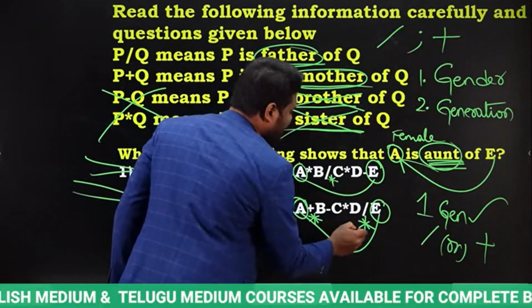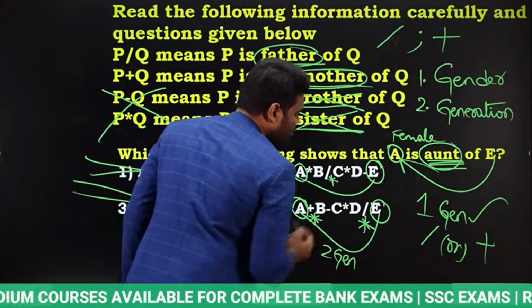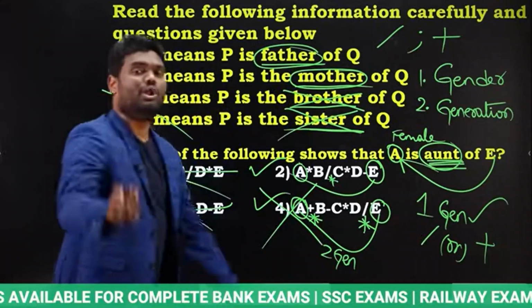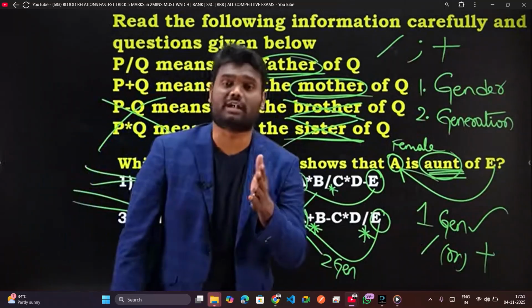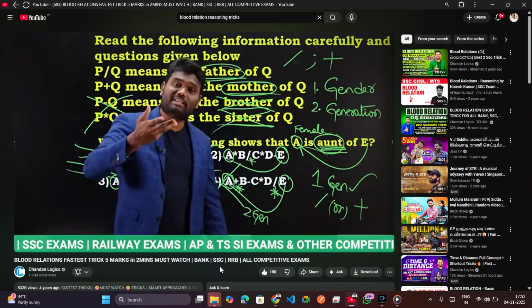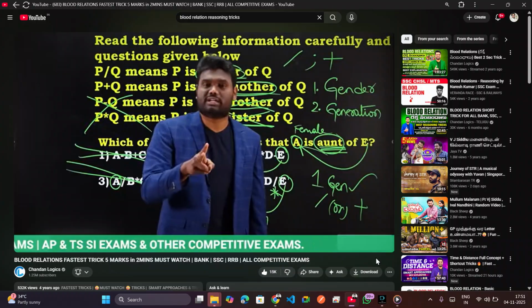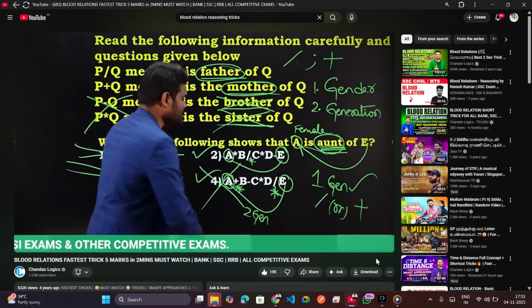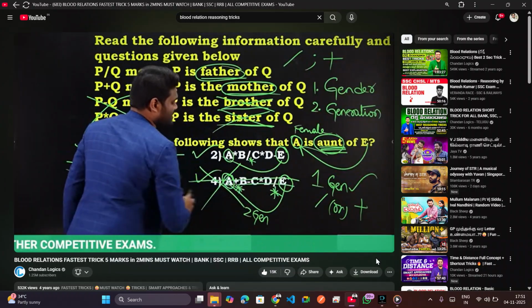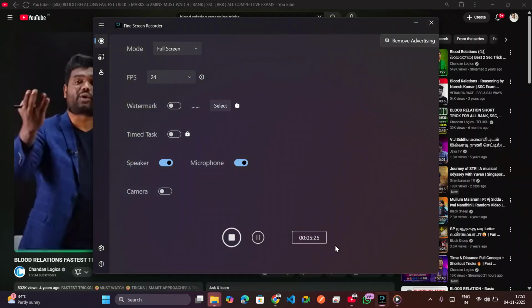When you have a slash symbol and a plus symbol, you have a 2 generation gap. When you have a 2 generation gap, you will not come across an answer like aunt. When it is a 2 generation gap, it is going to be your grandmother or grandfather or grand aunt in this way. So as it is a 2 generation gap, this can't be your answer. As this can't be your answer, I can mark option 2 as my right answer.